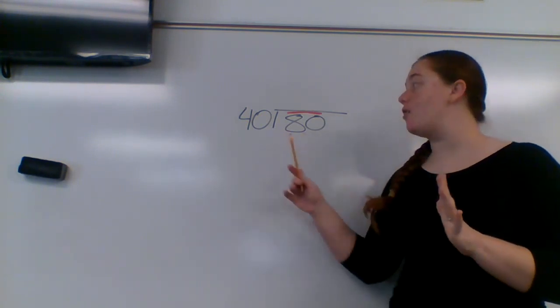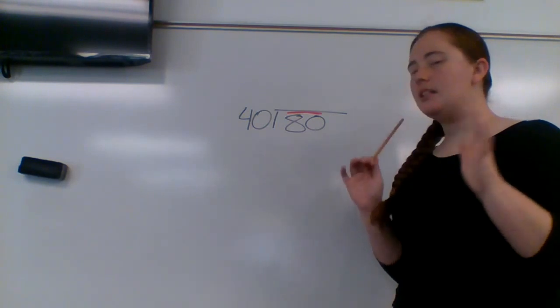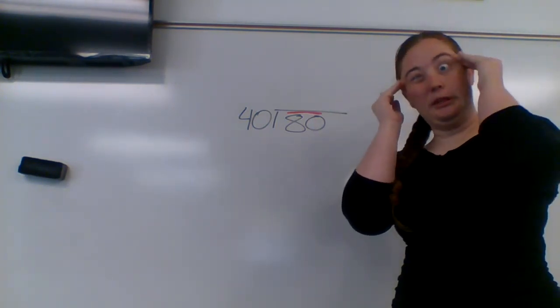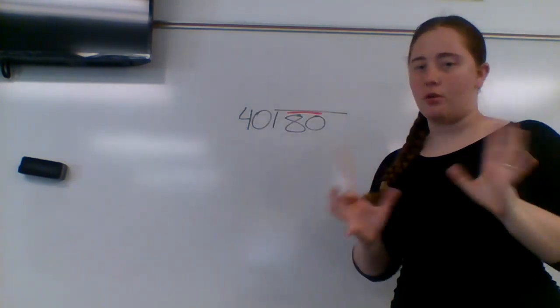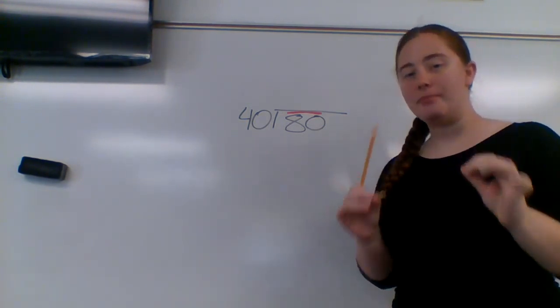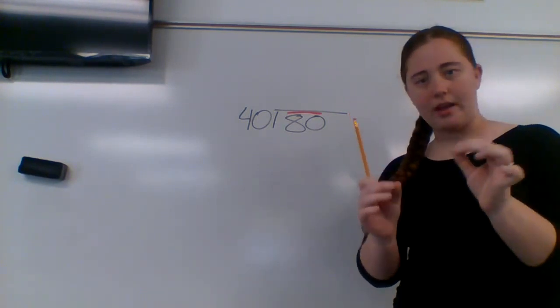So when we go 40 into 80, instead of just trying to go 40 into 80 and saying, oh my goodness, it's such a big number and I don't know what to do, let's break it down a little bit. Let's just look at the tens place of each number. We'll start with that.